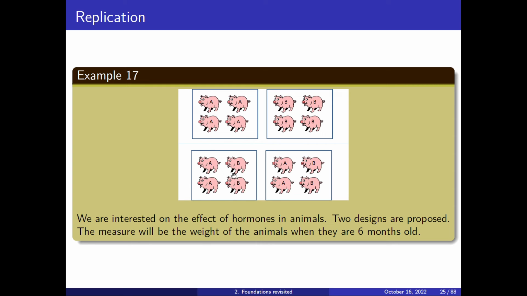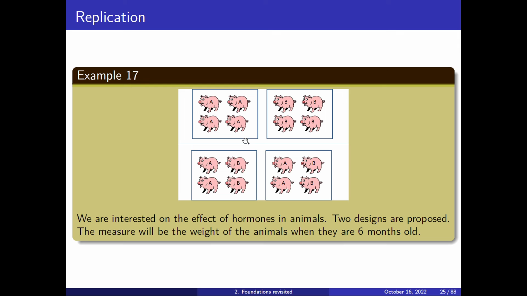So if we use this design, all the animals in the same pen are equally aggressive or equally docile, and then we wouldn't see any difference between the hormones.